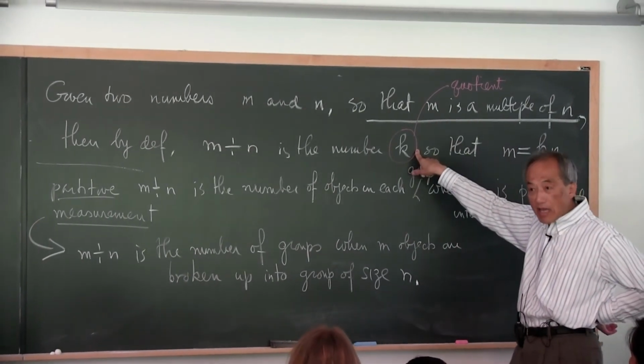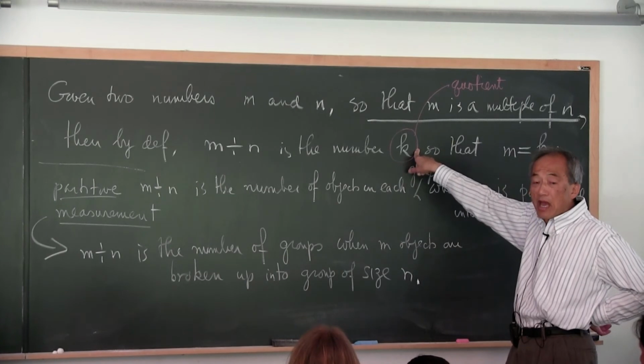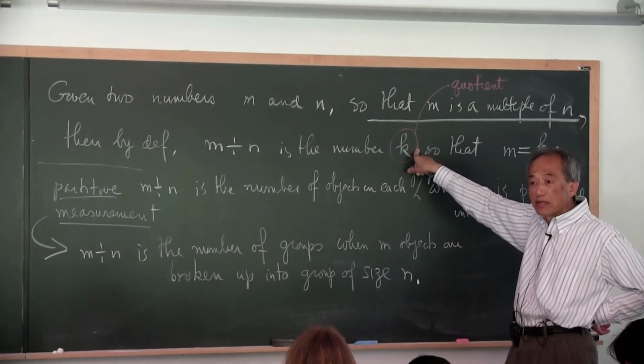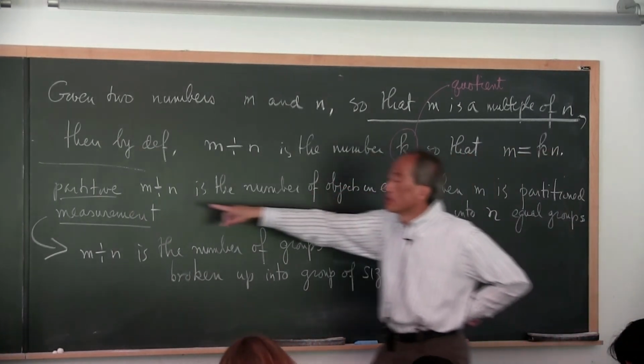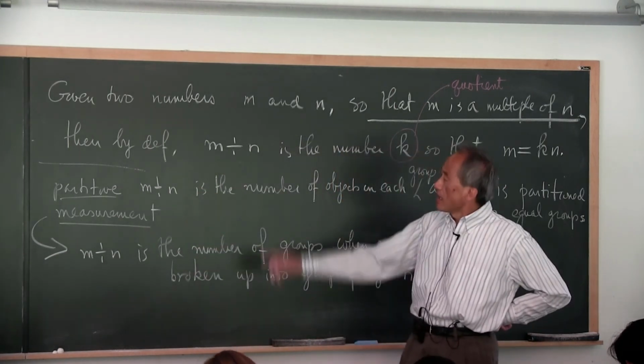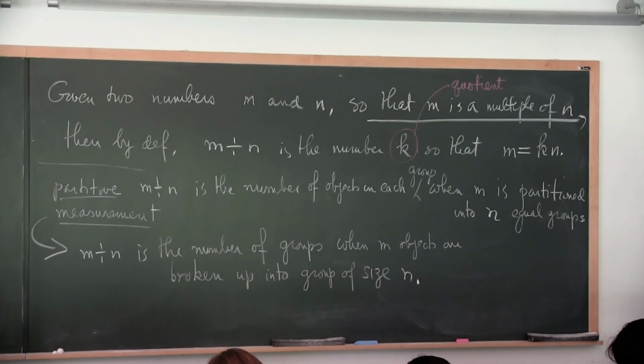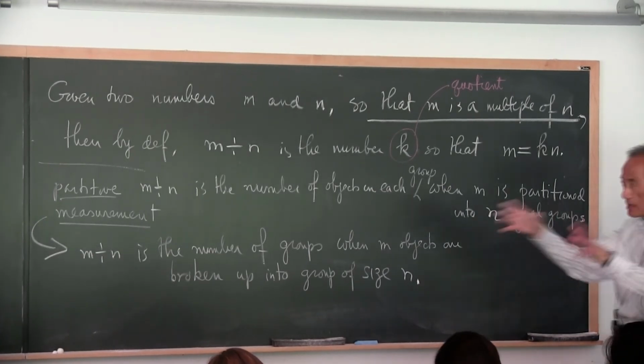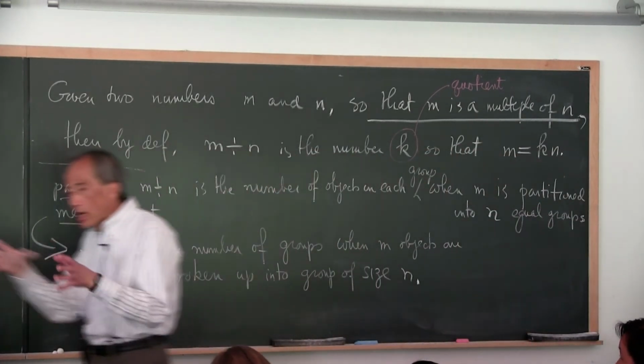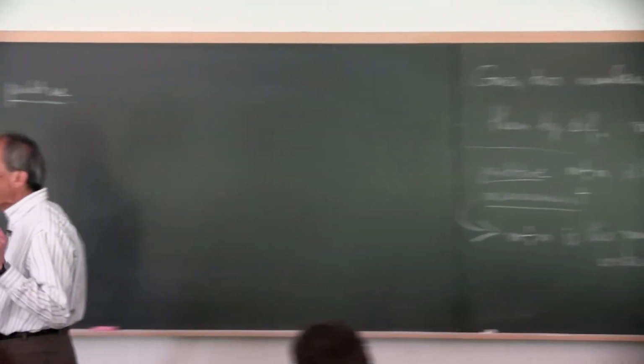And all I'm saying is that this quotient has two distinctly different interpretations. One is called the partitive interpretation. It says the quotient is exactly the number of objects if you divide the m objects into n equal groups.